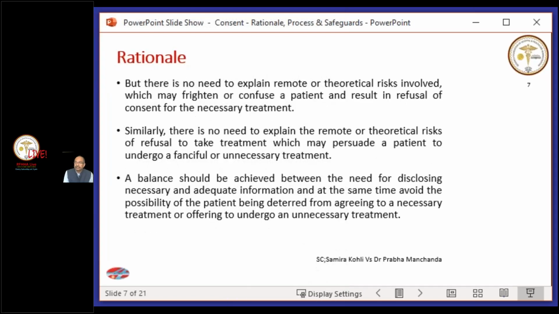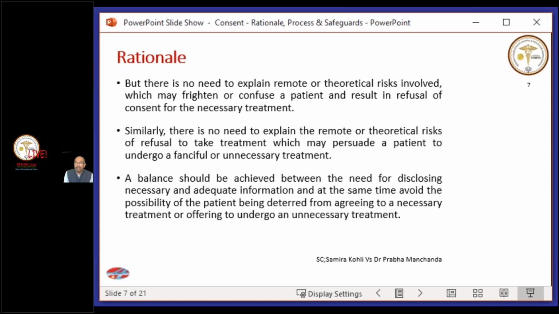Next, and this particular slide is also part of the judgment. So it goes on to say, but there is no need to explain remote or theoretical risks involved, which may frighten or confuse a patient and result in refusal of consent for the necessary treatment. Similarly, there is no need to explain the remote or theoretical risks of refusal to take treatment, which may persuade a patient to undergo a fanciful or unnecessary treatment.